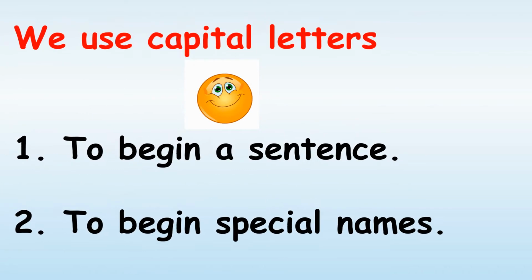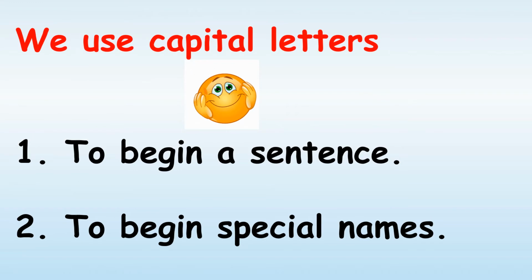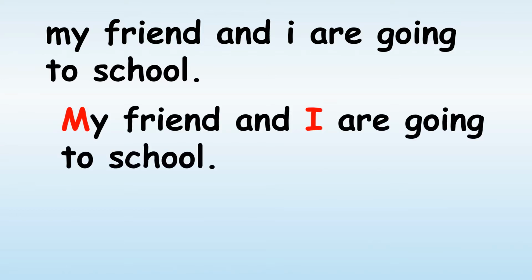In our last lesson, we learned that we use capital letters to begin a sentence and to begin special names. Here we have a sentence: my friend and I are going to school. So I am going to rewrite it using capital letters.